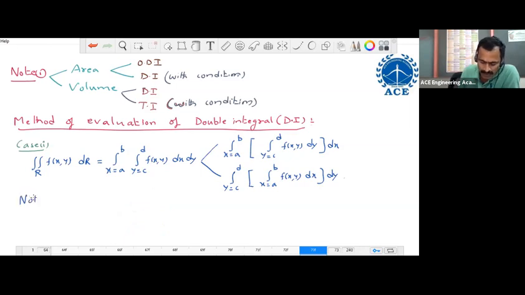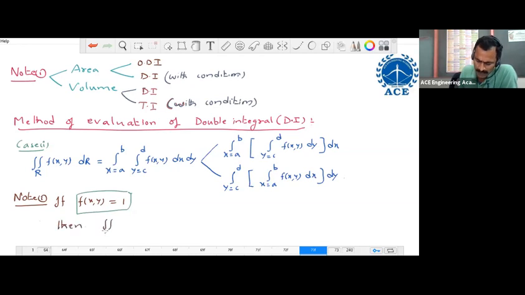Next note point. If f of x comma y equal to 1, then double integral over R f of x comma y dR equal to the area of the plane region.